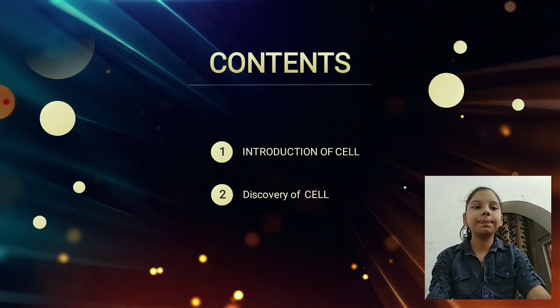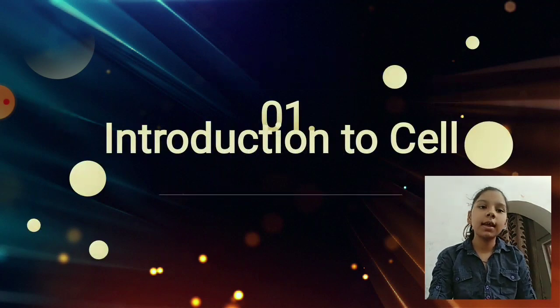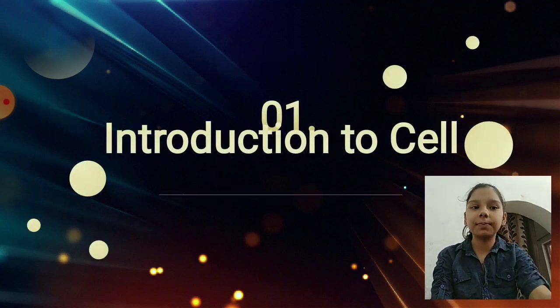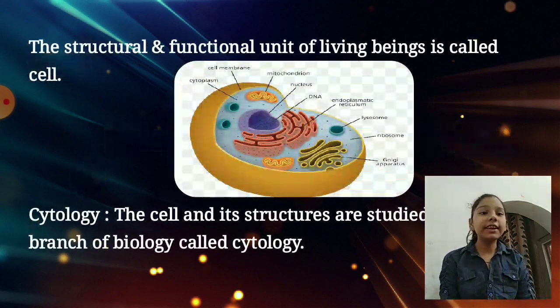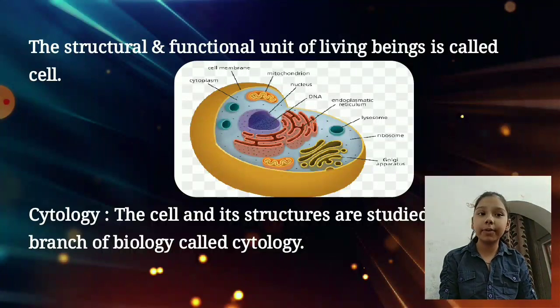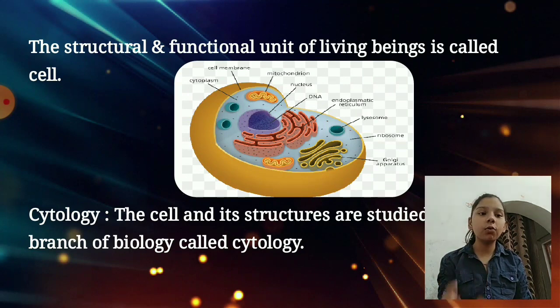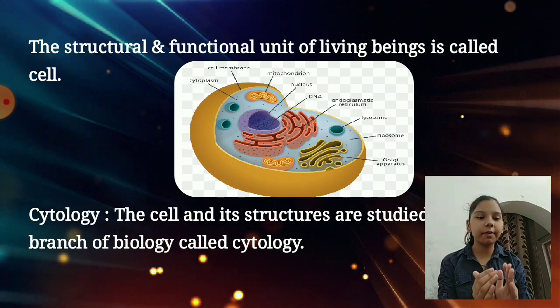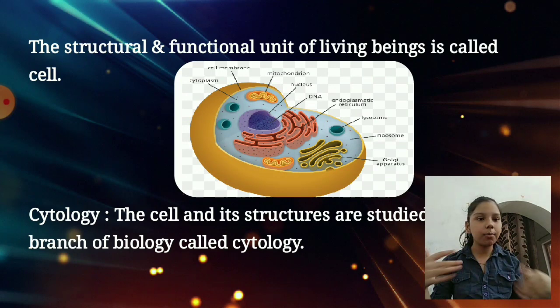So the first is introduction to cell. The structural and functional unit of living beings is called cell. Everyone knows that, but do you know the smallest unit of a living being, that is, our body?